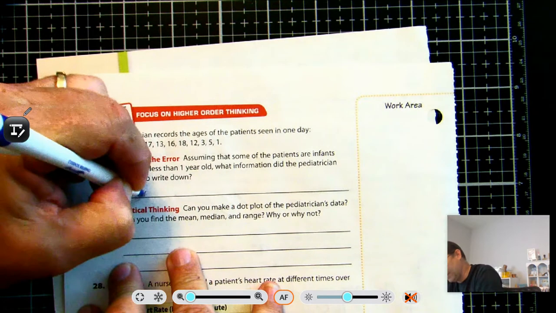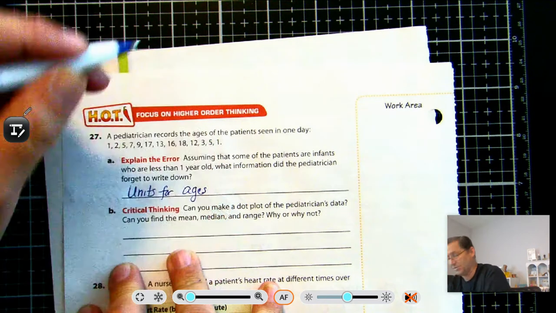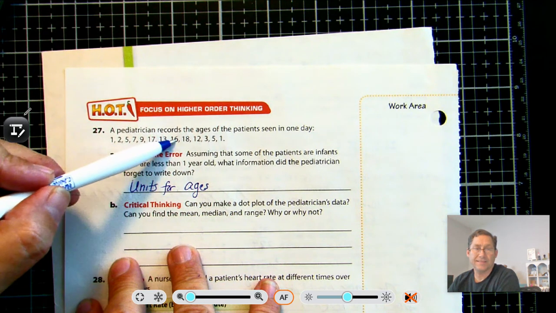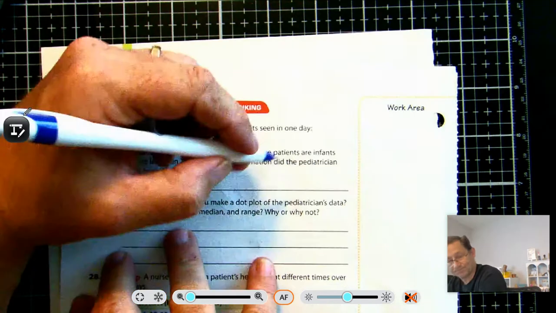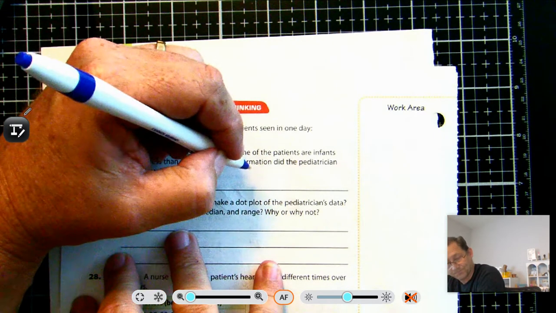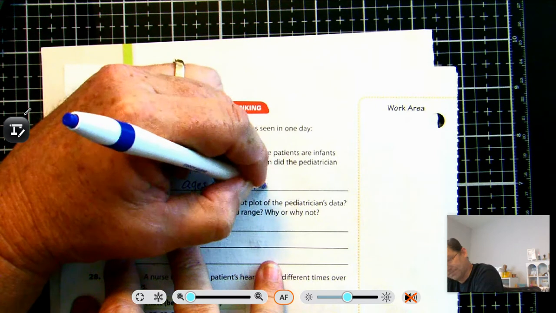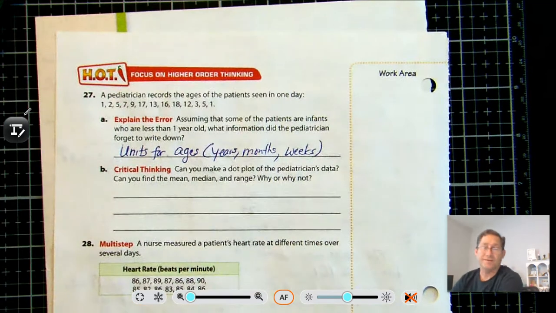So units for ages. In other words, is this 2 months or 2 years? Is this 16 months or 16 years old? Could be 16 weeks old. So we need to know that information.